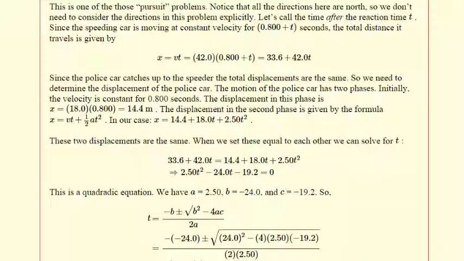And so, to rewrite this, since we're on the subject, basically it's the same logic. It's just instead I would have 42t plus the reaction time here, because the speeder is moving both during the motion of the cup and during the reaction time of the cup, right?